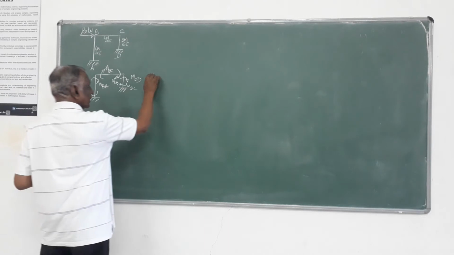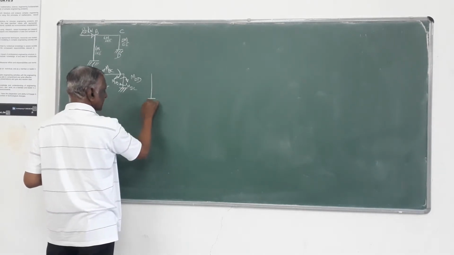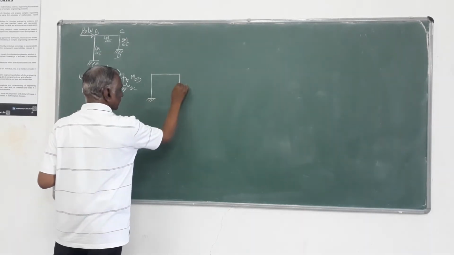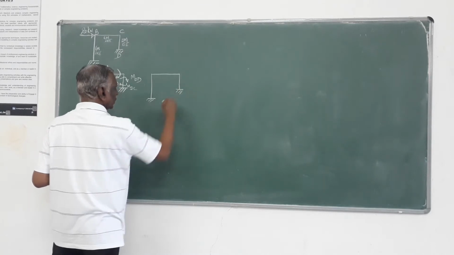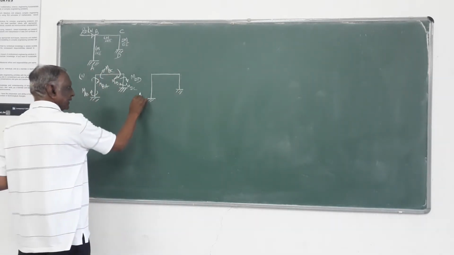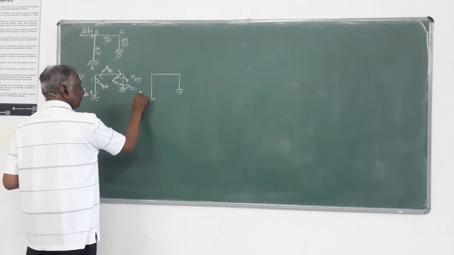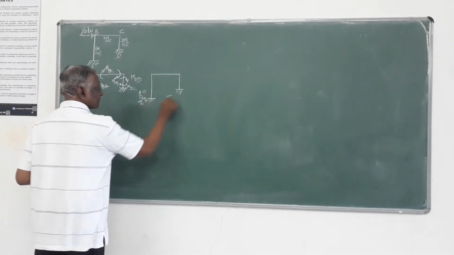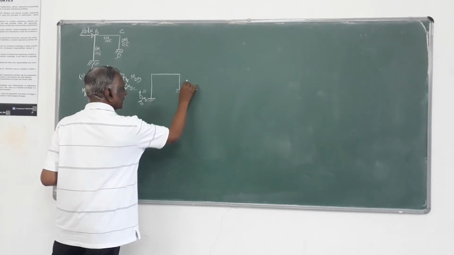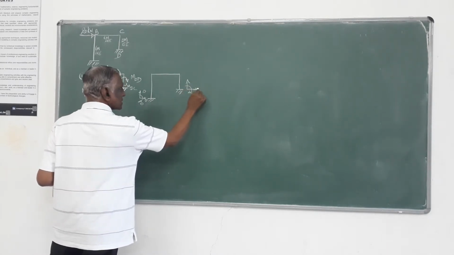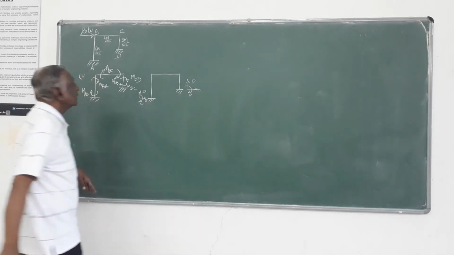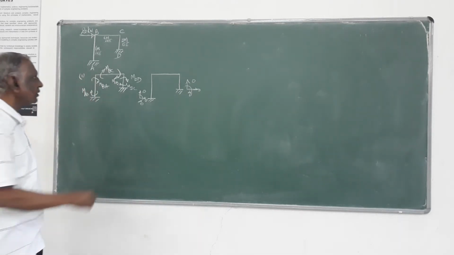Regarding the unknown displacements in this particular frame, at A all three displacements are 0 because it is fixed. Similarly, at D, all three possible displacements are 0 because that's also fixed.